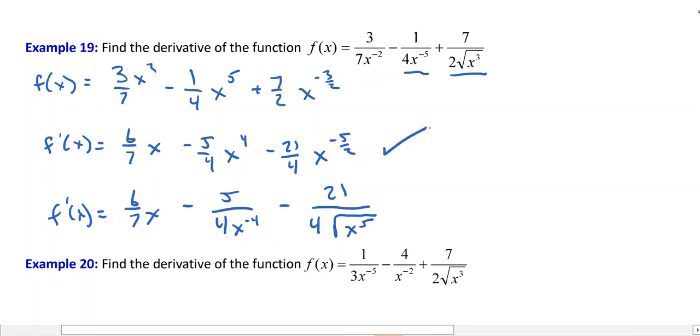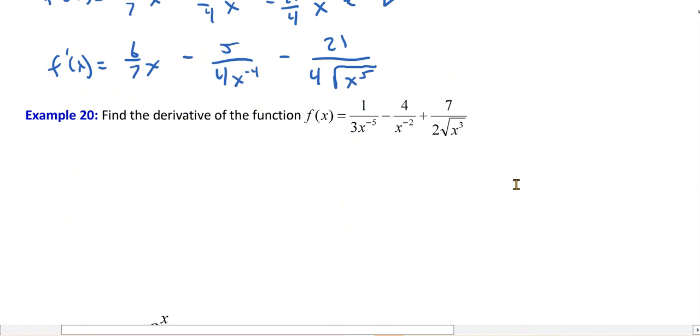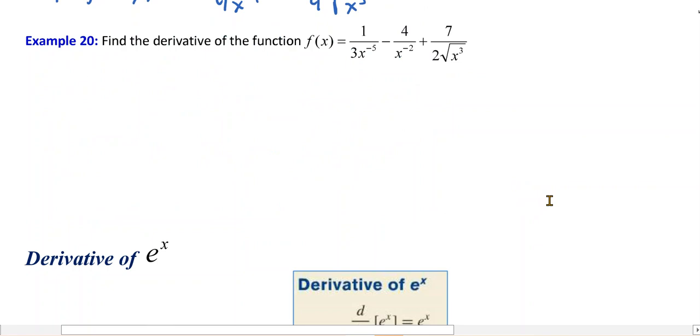And one more. So again, take a moment, do this one, and then compare it to what I do. All right, rewriting the original function, we will have 1/3, the 3 stays in the denominator, remember, and the x to the negative fifth comes up to the numerator, minus 4 over just 1, because there's just a 1 down here.